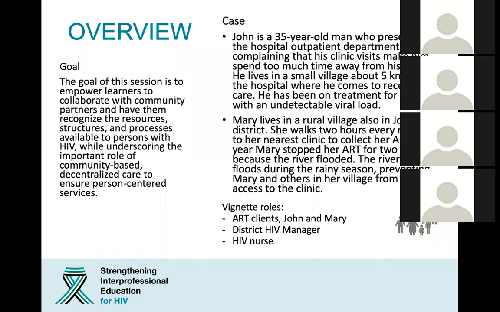She lives in a rural village, also close to John, and walks 2 hours every day to pick up her meds. And the vignette is unpacked in such a way that you learn that she went without meds for a period of time because of unpredictable weather that made access to her local dispensary problematic.